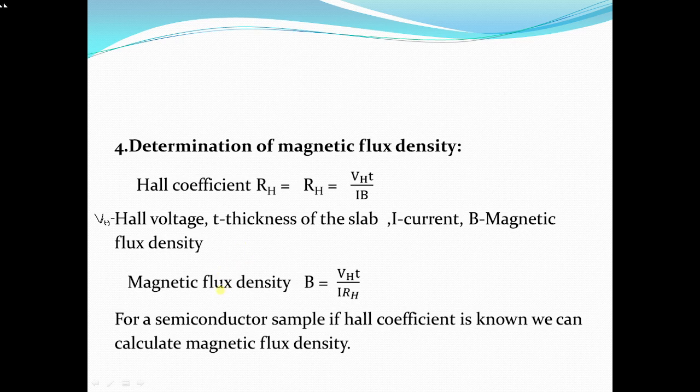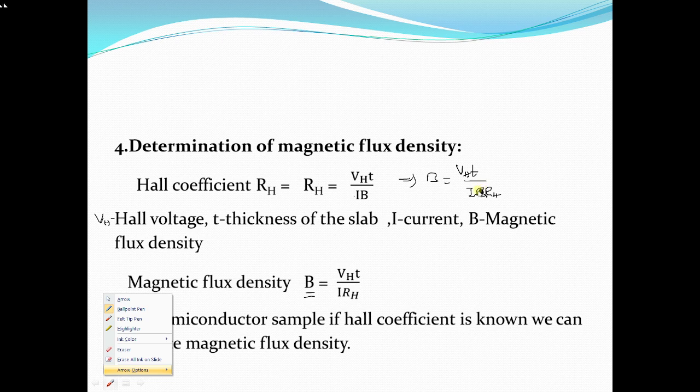From this expression, if I take this term this side and this term this side, I can write magnetic flux density B is equal to V_H t by I R_H.